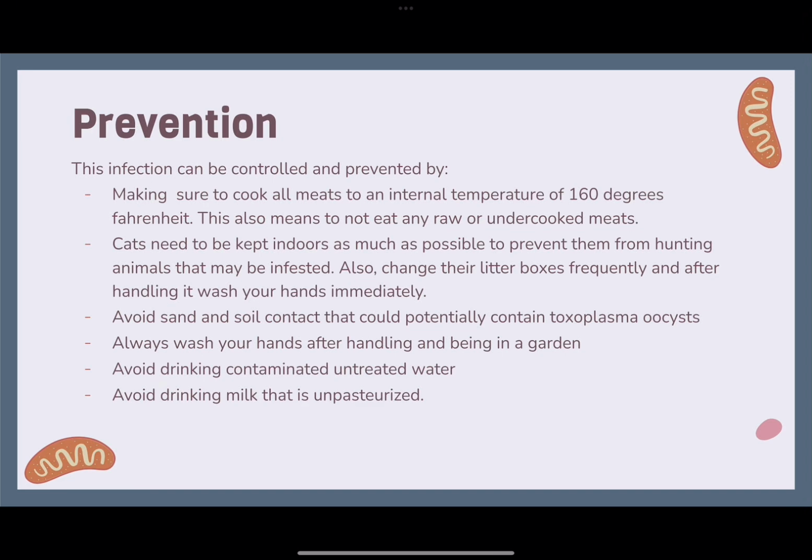Also, change the litter boxes frequently, and after handling it, wash your hands immediately. Avoid sand and soil contact that can potentially contain toxoplasmosis. Always wash your hands after handling and being in a garden. Avoid drinking contaminated, untreated water, and avoid drinking milk that is unpasteurized.